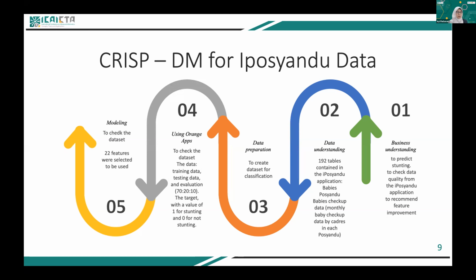After the process, I found that we can produce the data set, and there are 22 features selected to be used. So there are 192 tables for many uses of the iPosyandu application, and we can produce the data set of the babies and baby check-ups, and we choose 22 features. We can use it for classification in machine learning.